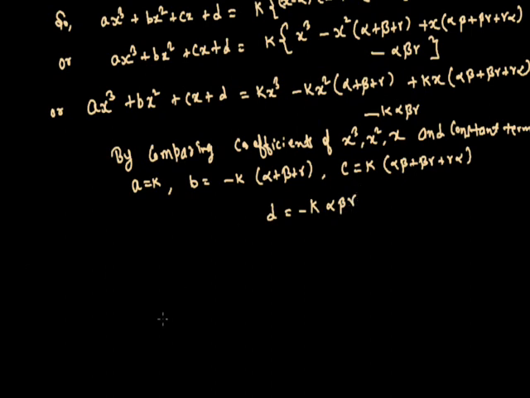So from here we can write alpha plus beta plus gamma is equal to minus b by k, and we know that k is equal to a, so it will be equal to minus b by a.